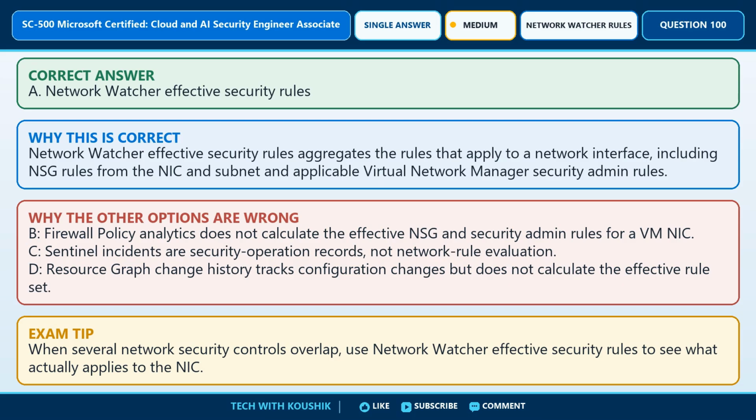C, Sentinel incidents are security operation records, not network rule evaluation. D, Resource Graph Change History tracks configuration changes, but does not calculate the effective rule set. When several network security controls overlap, use Network Watcher Effective Security Rules to see what actually applies to the NIC.